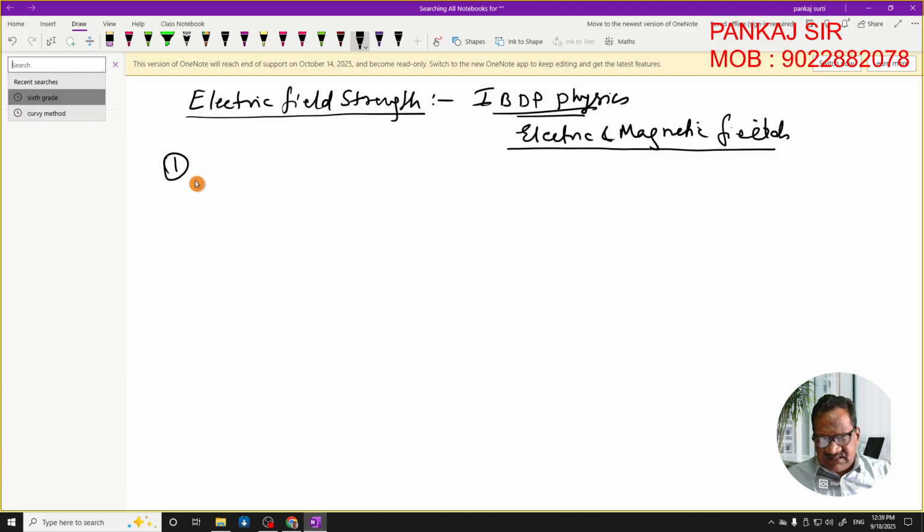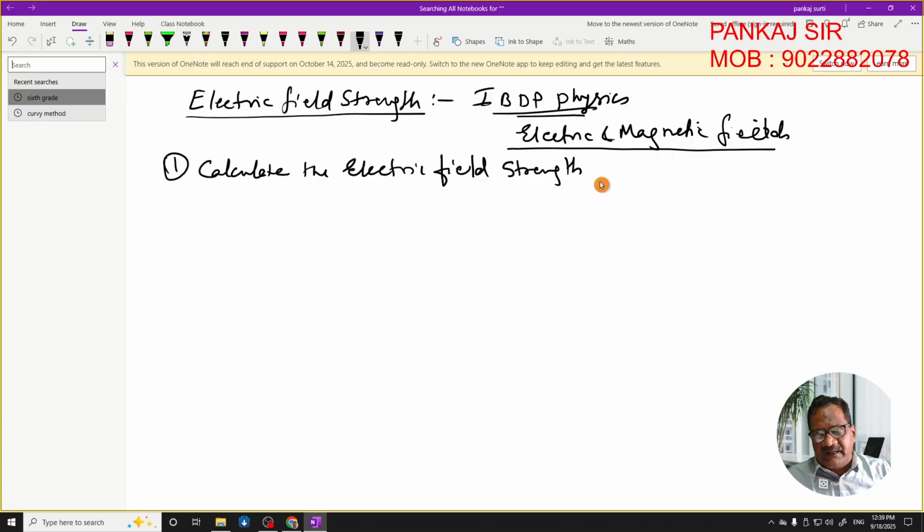The numerical says: calculate the electric field strength in a vacuum. So they are mentioning that it is in a vacuum. A: 1.5 centimeter from a plus 10 microcoulomb charge.